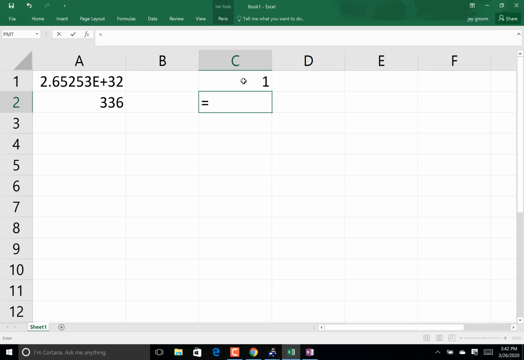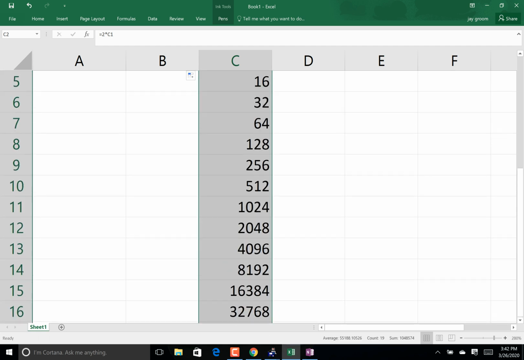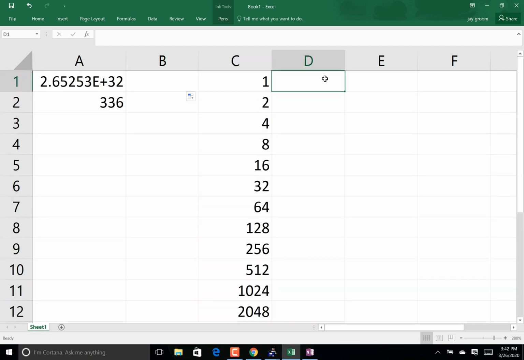Equals 2 times the previous one. Whee. Okay, cool. And of course, in Excel, you could drag it down. Then you go equals mod this guy, comma, 11, which is what we were doing.